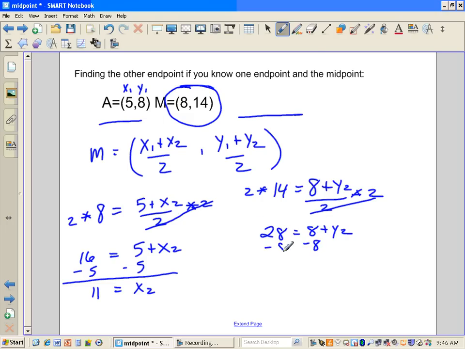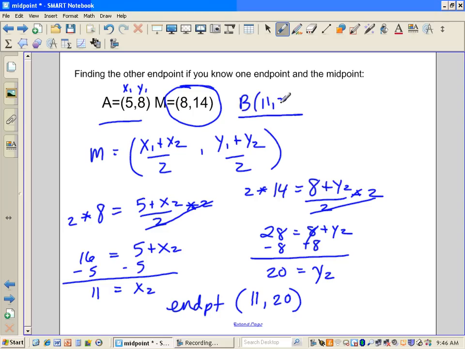Subtract 8 from both sides. y2 is equal to 20. So my other endpoint is 11, 20. Or my B, I can fill in as 11, 20. Pretty neat. Hopefully drawing on some of your solving skills from previous math courses.